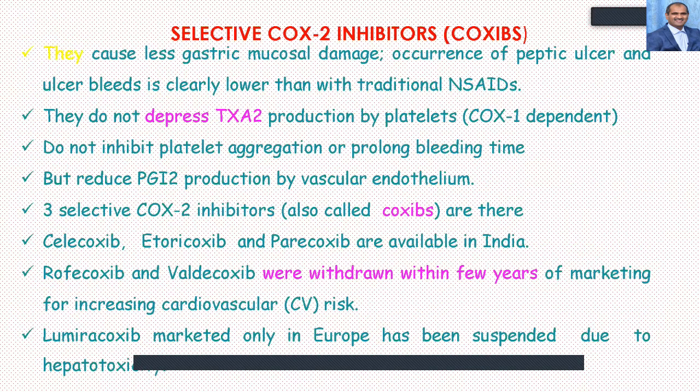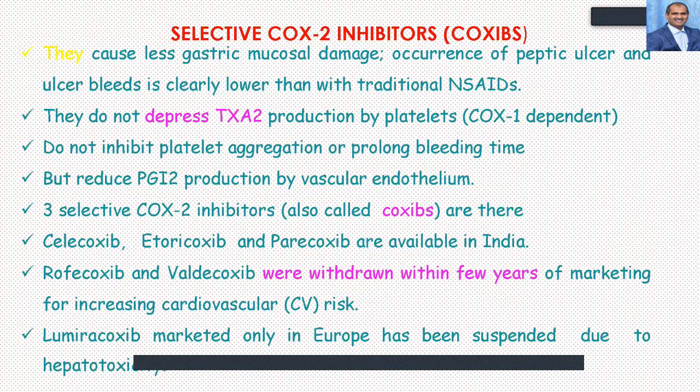And now we will deal with the COX-2 selective inhibitors, also known as COXIBs. Please remember, the specific or selective COX-2 inhibitors are called COXIBs, and they cause less gastric or mucosal damage and occurrence of peptic ulcers.